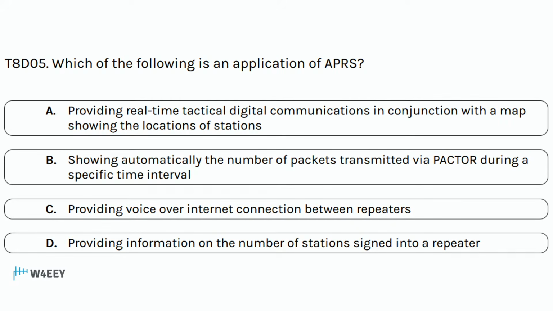Alpha. Providing real-time tactical digital communications in conjunction with a map showing the location of stations. So that if you had a race going on with cars that had APRS transmitters in each of the cars, you could follow the cars' locations, for example, in Baja or something like that.